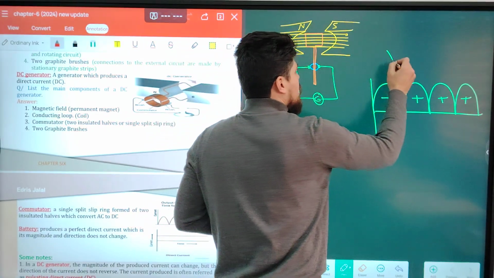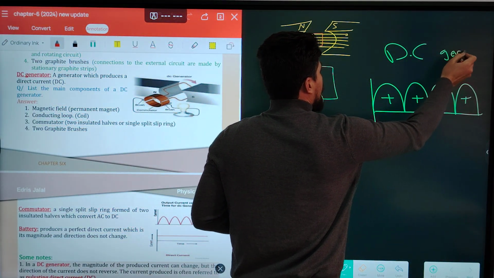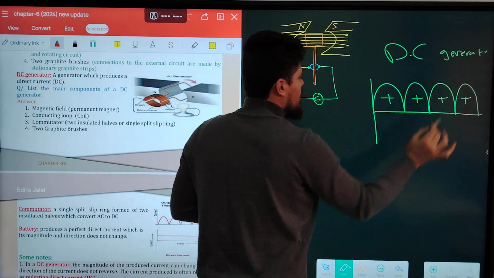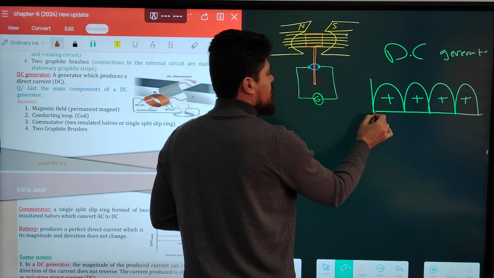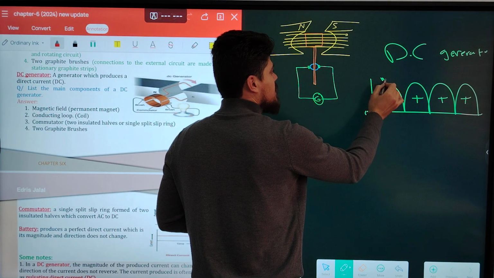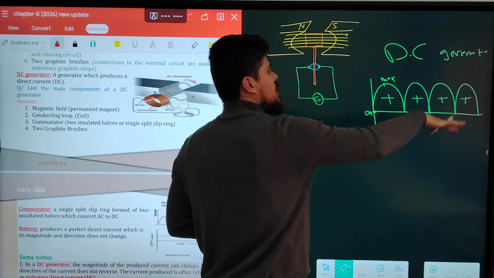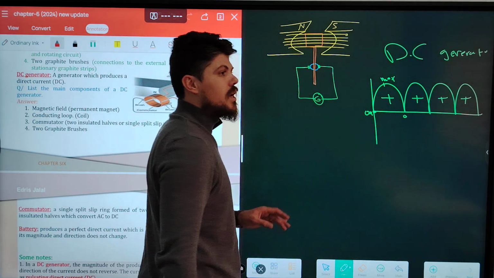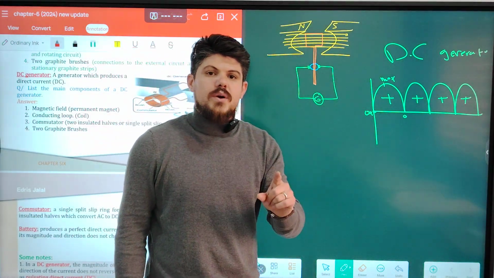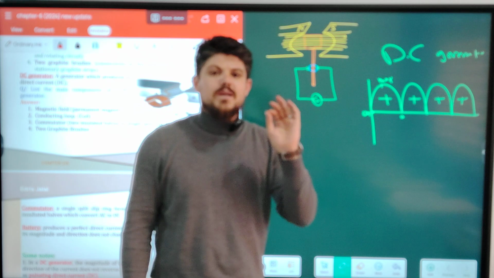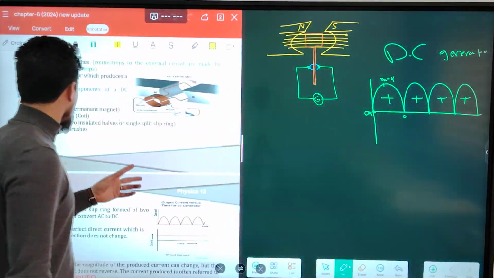Because in a DC generator only the magnitude of the current changes. How? What is the value of current here? 0. Here maximum. Here 0. 0, max, only the magnitude changes. We don't have negative. The direction of the induced current in the DC generator doesn't change. It's constant, but its magnitude changes.